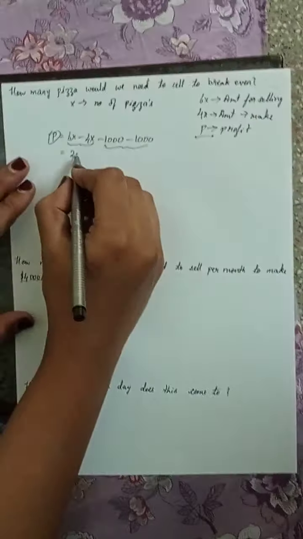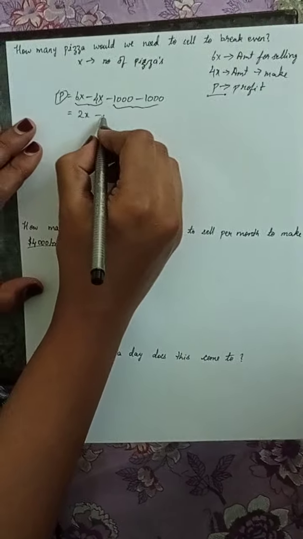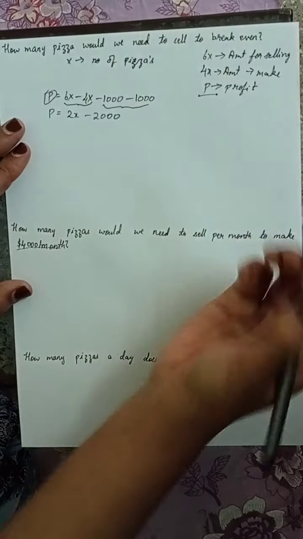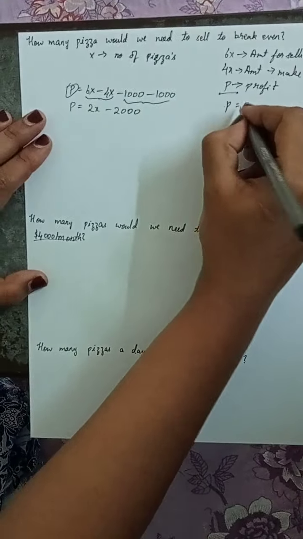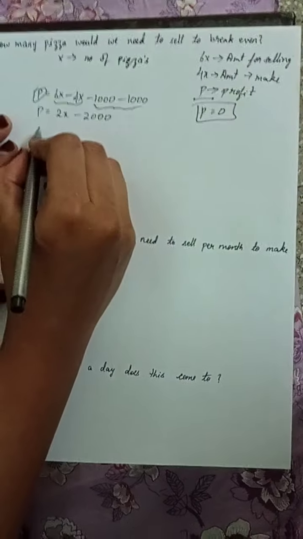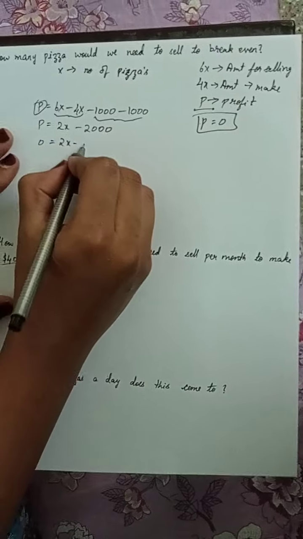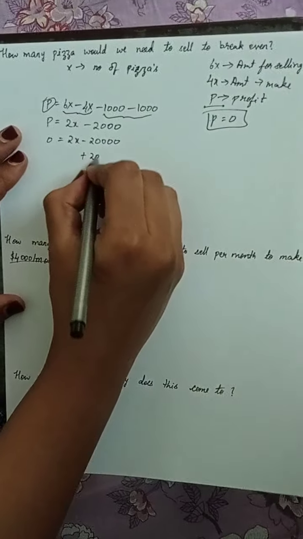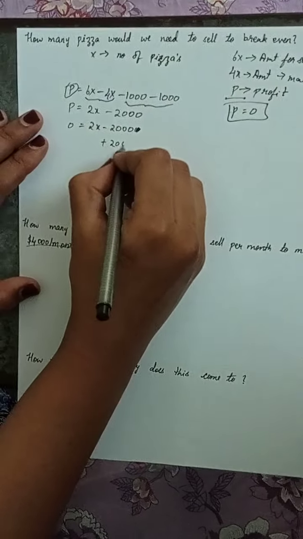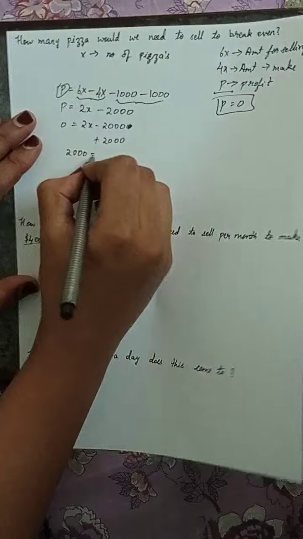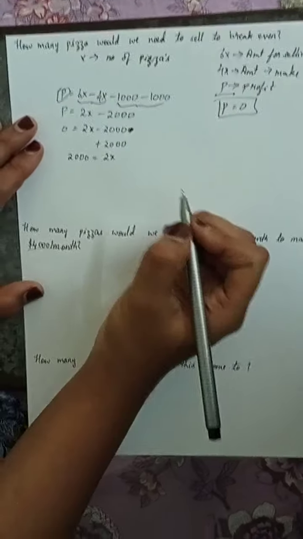So now let me take the like terms together. So I'll get 2x minus 2000. So now I'll consider my profit to be 0 at the beginning. So 0 is equal to 2x minus 2000. Now I'll add 2000 on both sides. So I'll get 2000 is equal to 2x.